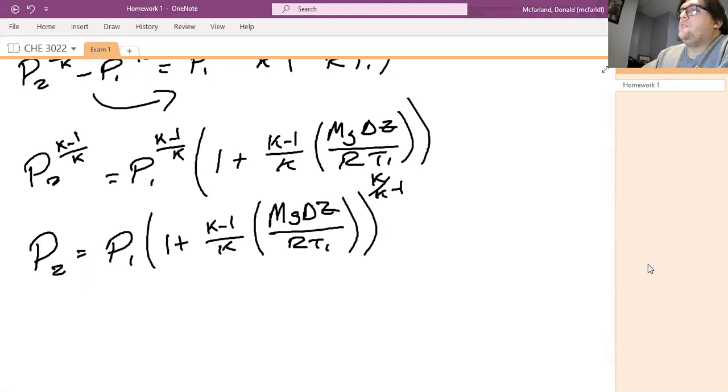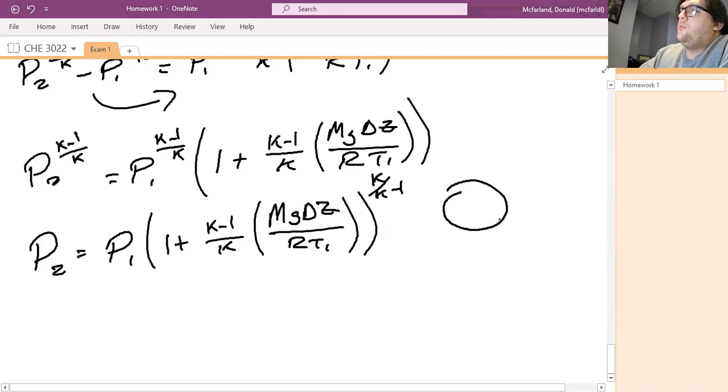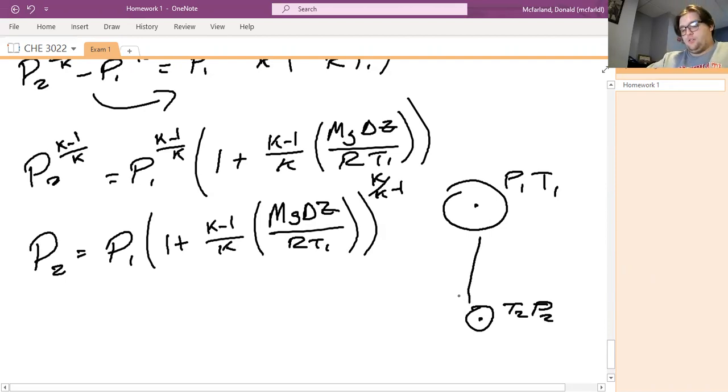So for example, if we have our gas bubble up here, we know the pressure here and the temp here. We would be able to find out the temperature and the pressure of gas bubble 2 down here. Oh, that looks awful.